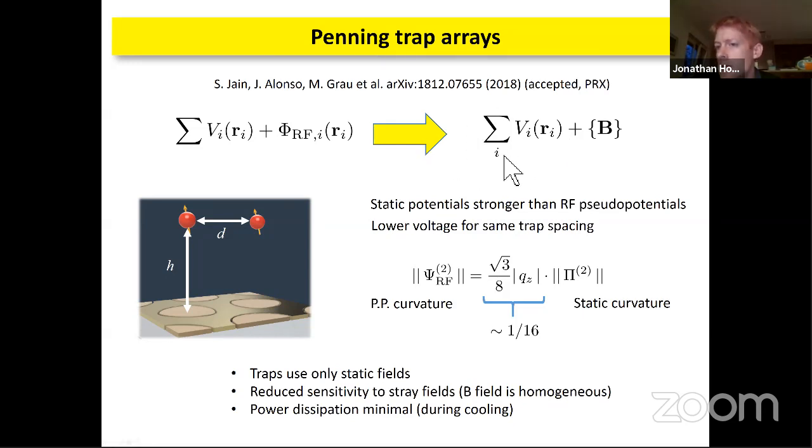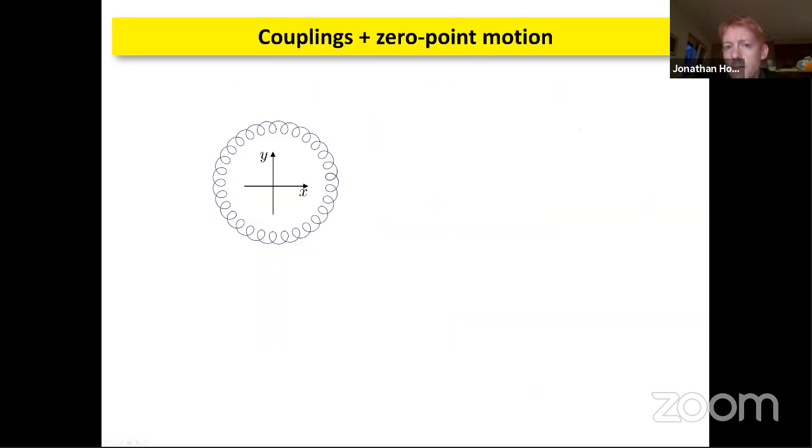There's just static potentials applied to these chips. That seems to be a nice thing from the perspective of scaling. You get rid of stray fields, and you get rid of power dissipation, which seems like an attractive feature. But it relies on you being able to do these microfabricated structures and get the ions close enough together, and that's the challenge that we have to deal with.